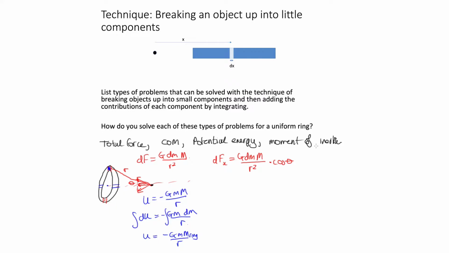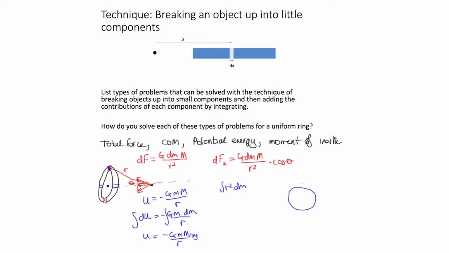So for the moment of inertia, or the rotational inertia, it really depends upon the point about which we choose to pivot it. In the lab, you worked out the moment of inertia of a disk about a point in the center, and to do that, you used r squared dm, and you came up with an expression for dm, which was the mass in this case.